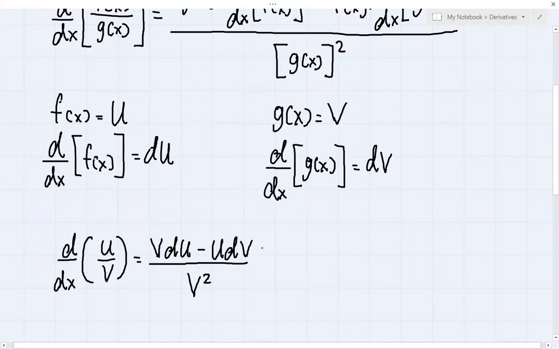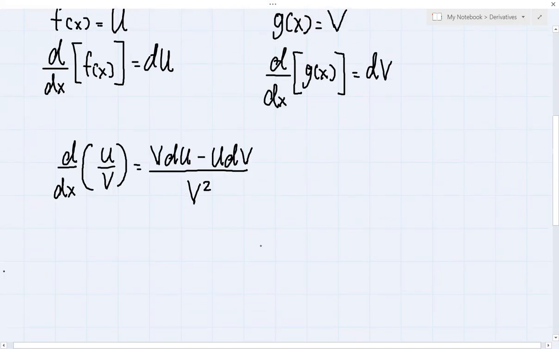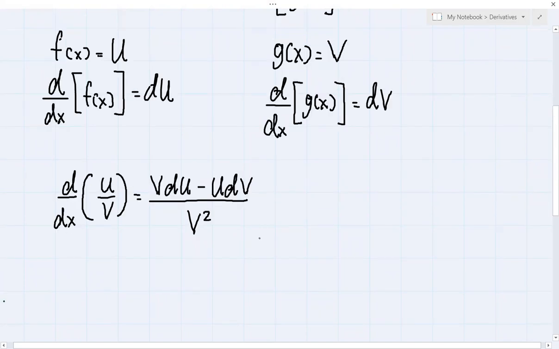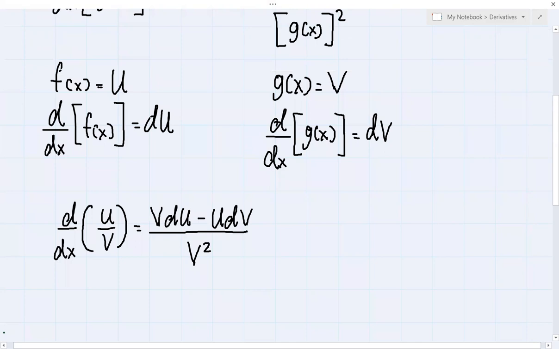O di ba mas maikli pa. But what if we reverse it? Our U is in the numerator, and g of x is the denominator. What if we switch the positions of U and V?